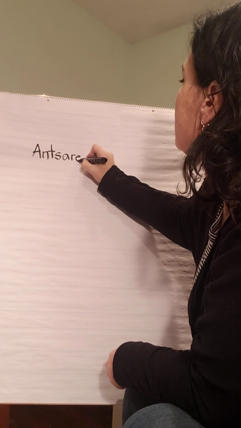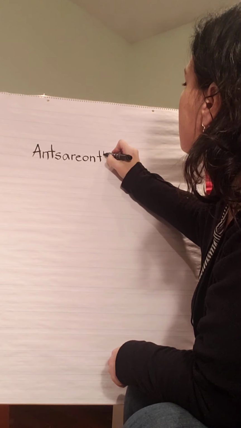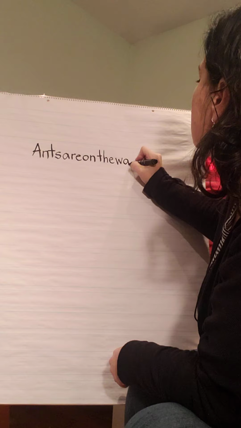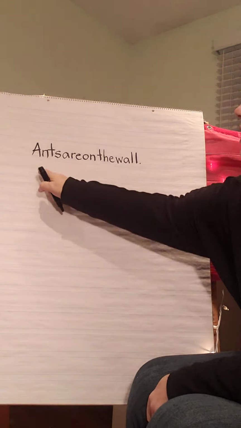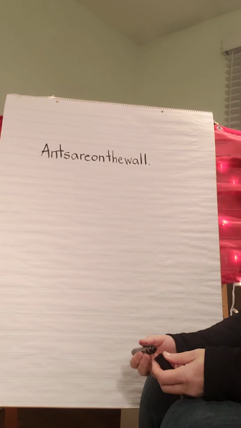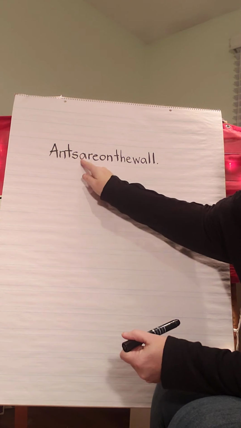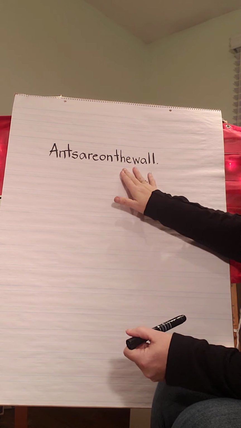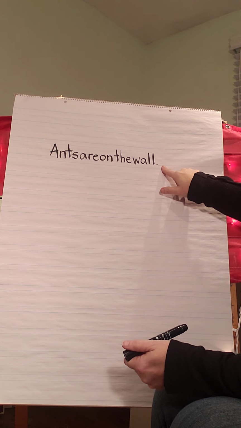Ants are on the wall. Can you tell me how many words are in this sentence? Well, maybe. Ants are on the... It's definitely harder to read when it's all without spaces.